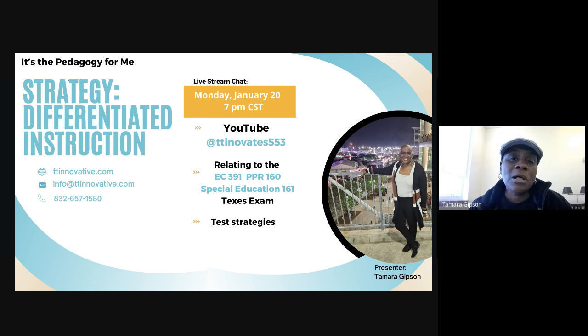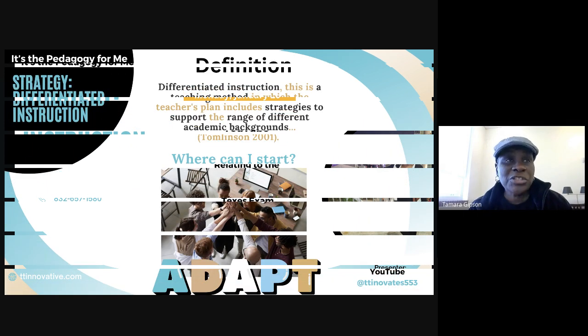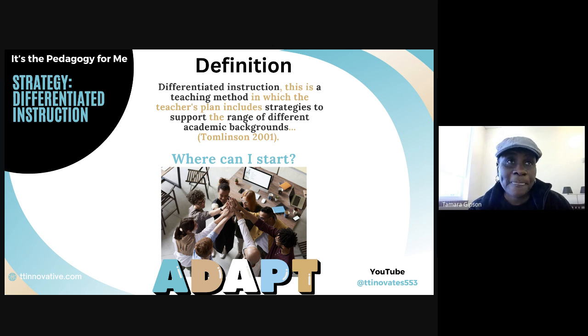I wanted to start out by defining what it actually is. Differentiated instruction is a teaching method in which teachers plan to include strategies to support the range of different academic backgrounds in your classroom.